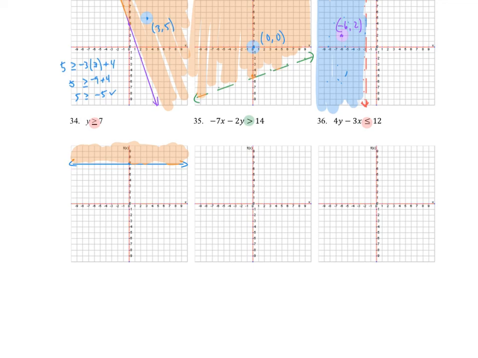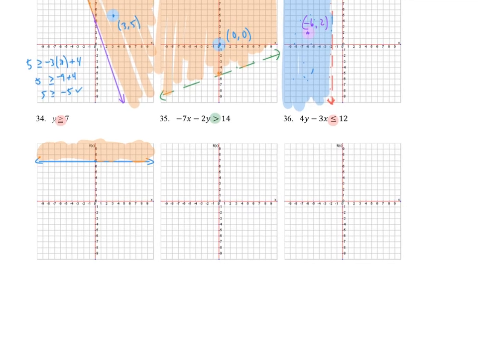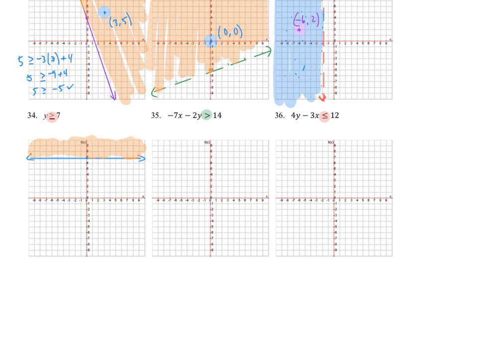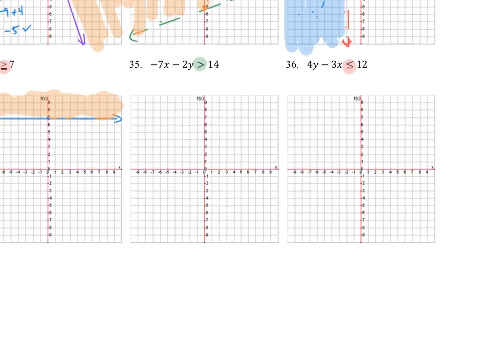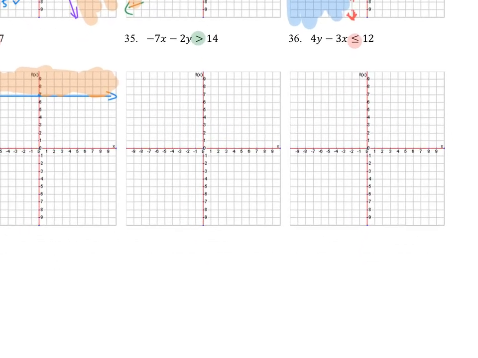Okay, so then this next one, I want to go ahead and get it into slope-intercept form. So I'm going to solve that equation for y. The first thing I'm going to do is add 7x to both sides.